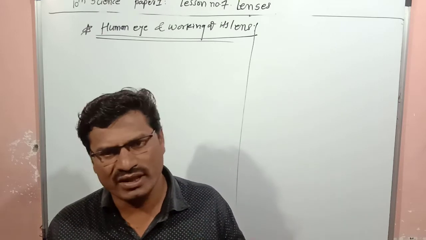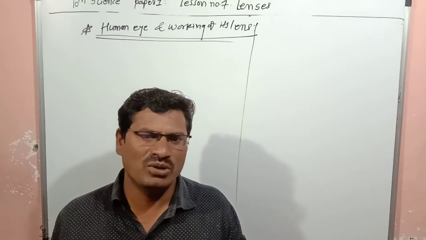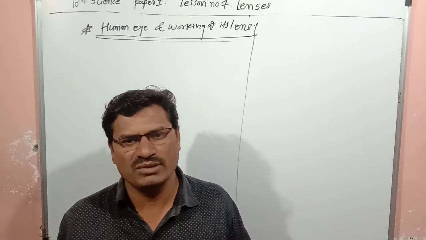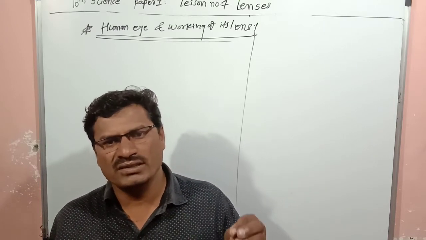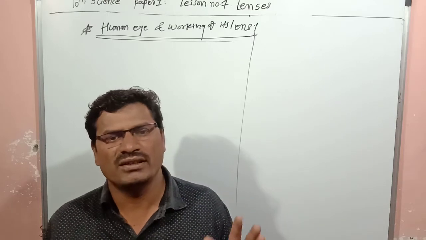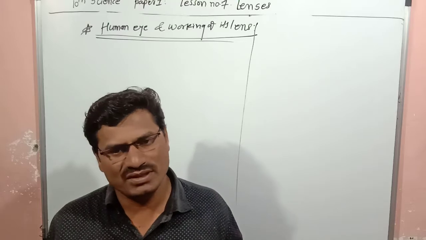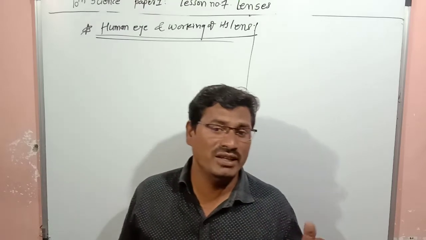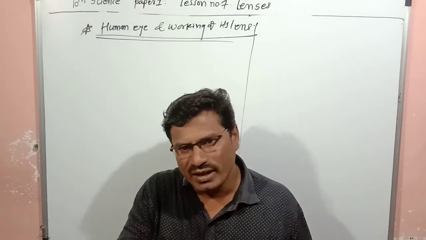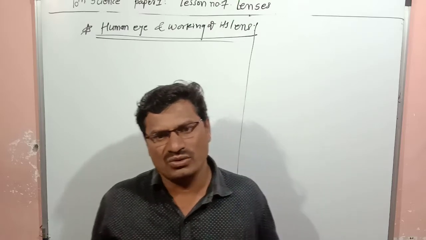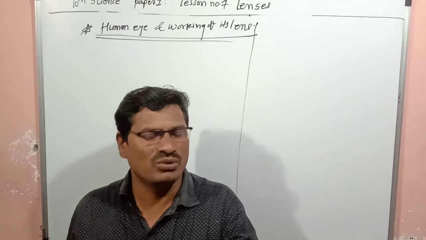The maximum amount of incident light is refracted into the eye, entering through the outer surface of the cornea.